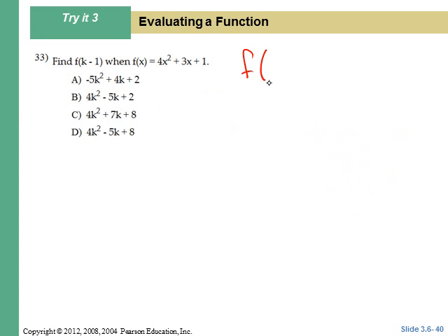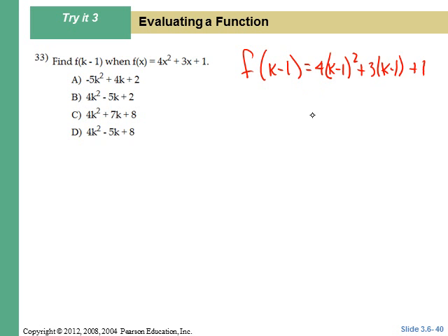So f of k minus 1 is 4 times k minus 1 squared plus 3 times k minus 1 plus 1.